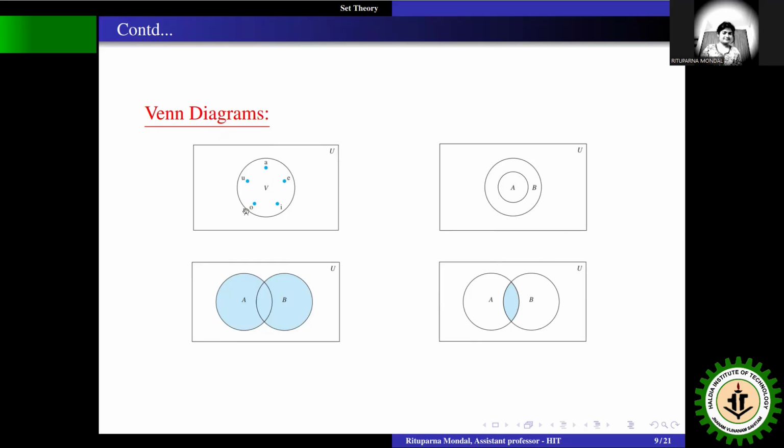Here this is a representation of sets, and we have taken the sets A and B. Clearly we can say that A is a subset of B. Here this portion indicates A union B, and this one is A intersection B, meaning the common elements.